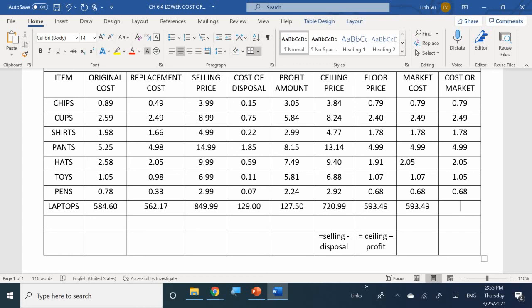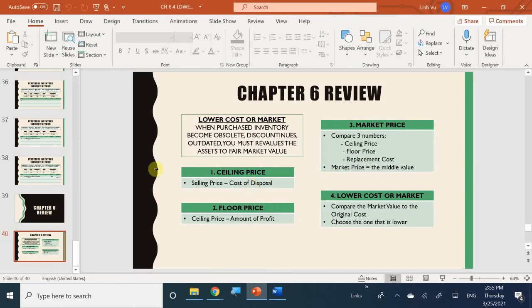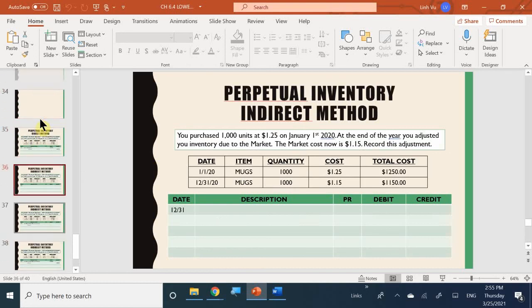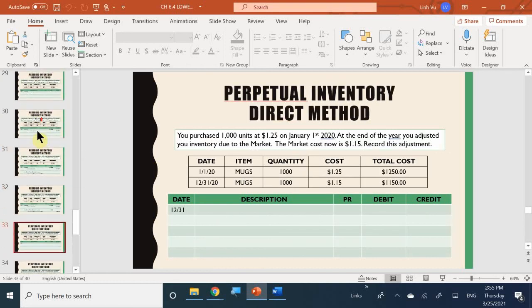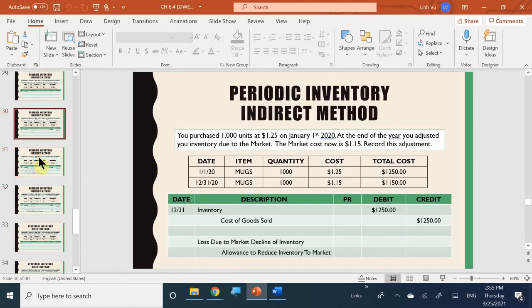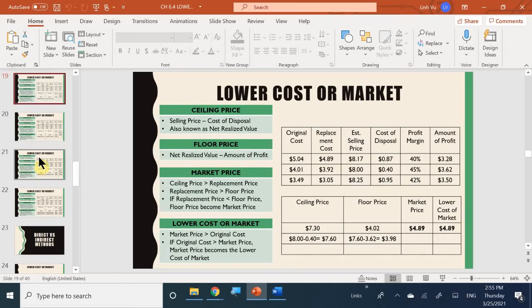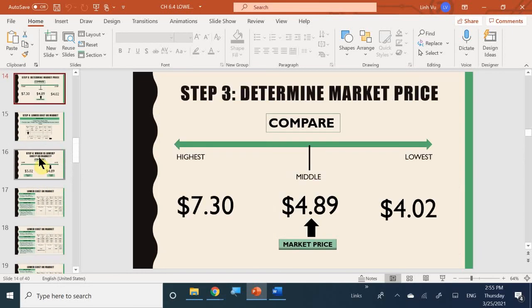Exactly how I've displayed it in the PowerPoint. If it helps you, write down those three numbers and actually put them on a number line and place them in order. Let me find my number line real quick. Or just stack them instead of having them across. Stack them, compare them. What's my highest value? What's my lowest value?